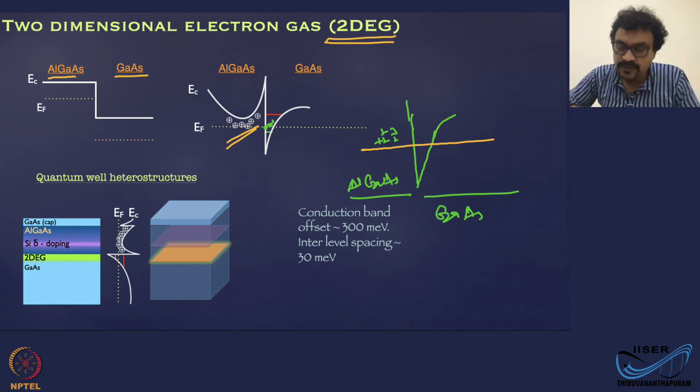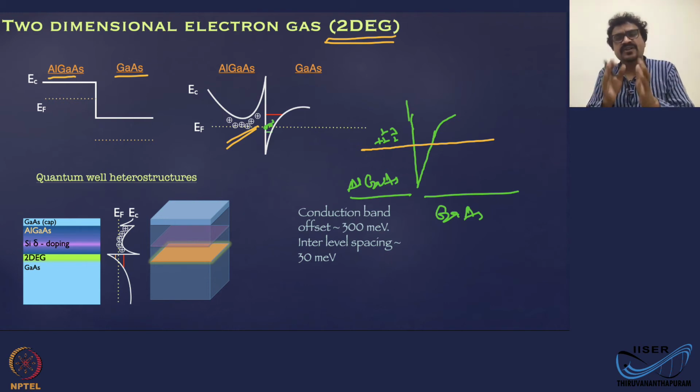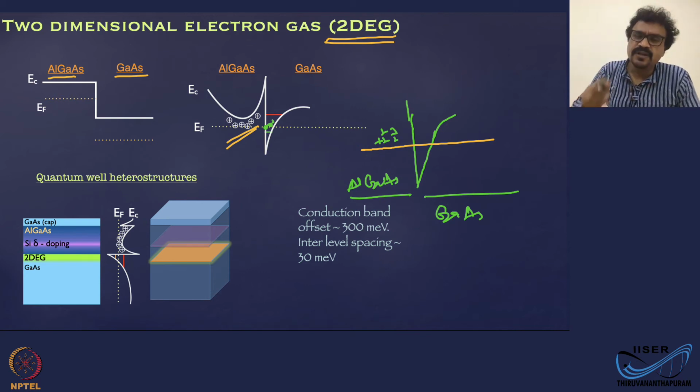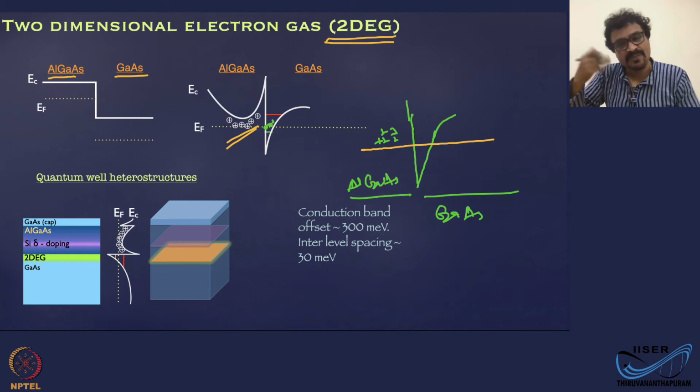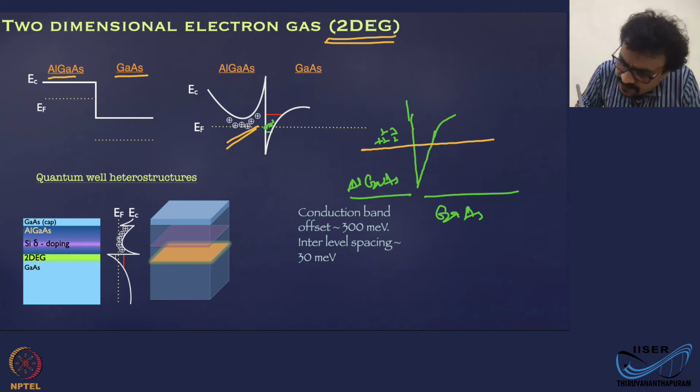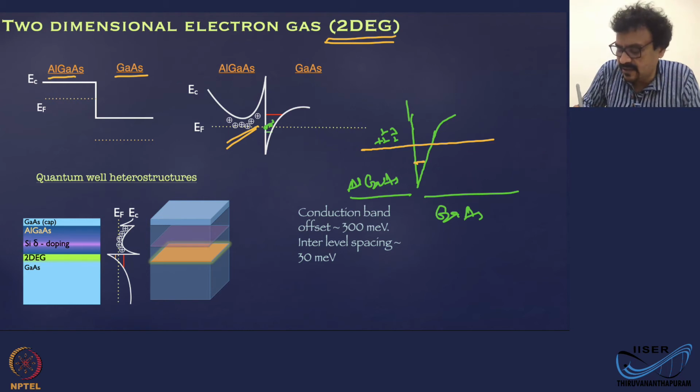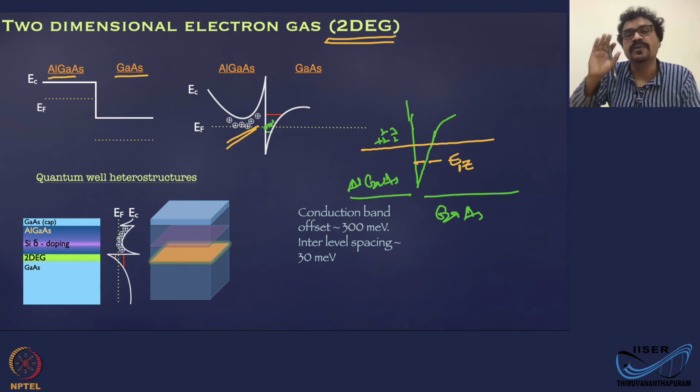Now you engineer, because you can grow atom by atom, layer by layer, using technologies such as molecular beam epitaxy or MOCVD, metal organic chemical vapor deposition. So you can put the right number of dopants and the right number of electrons, because dopants will ionize, so that only the first level, I would say, in the Z direction, E1Z, is populated.